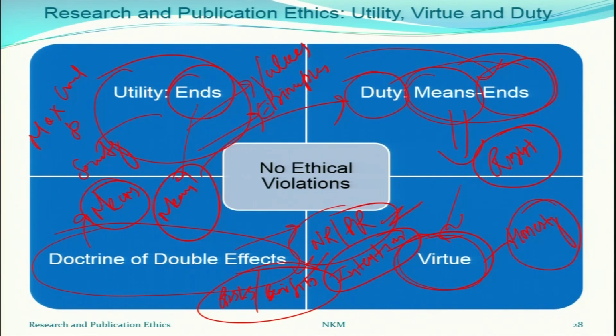We must have a clear-cut justification for these risks and benefits, and we must clearly inform the research subject about all these aspects of the research. So by applying these ethical models, we can train researchers and avoid ethical violations in the research.